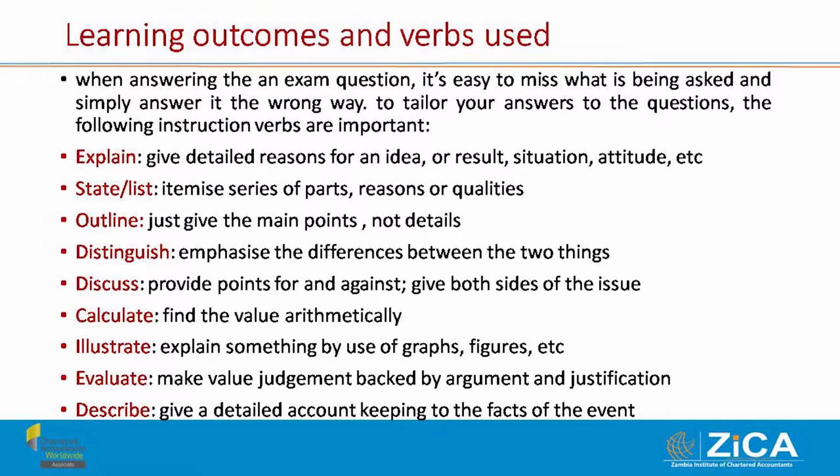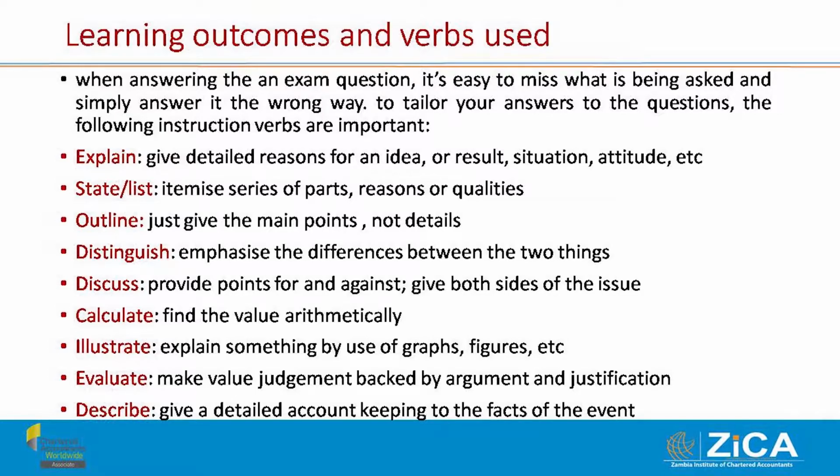Common verbs that are used, we have something like explain. When the question says explain, you need to give detailed reasoning for the situation that is given. When the question says list, it means that you just have to raise a few points here and there. When the question says distinguish, it means that you are looking for the differences.